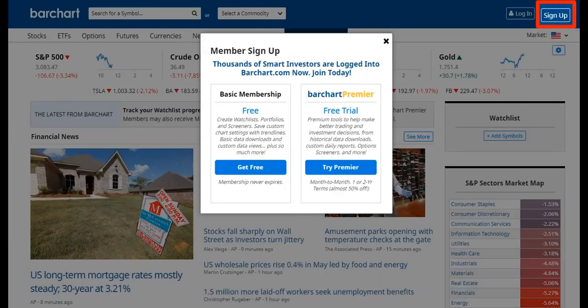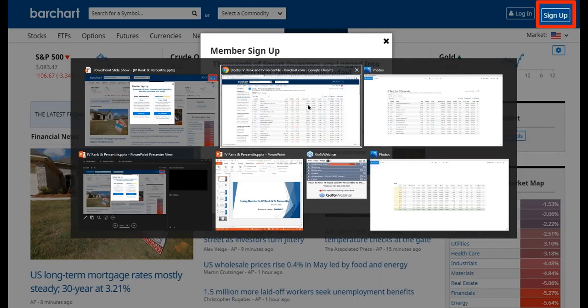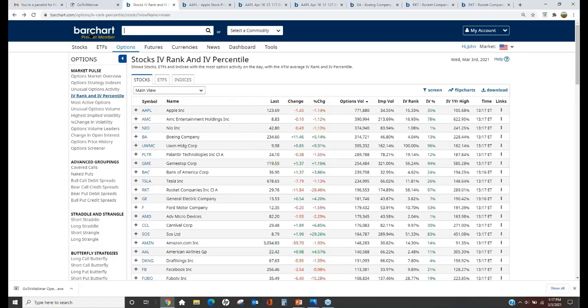All right, so I'm going to go to Barchart, and here's our main page. I've gone to the options page, and under the options, here we are at the IV rank and percentile. What we're doing here is looking at the most active stocks in terms of options volume, and that's how it's sorted.